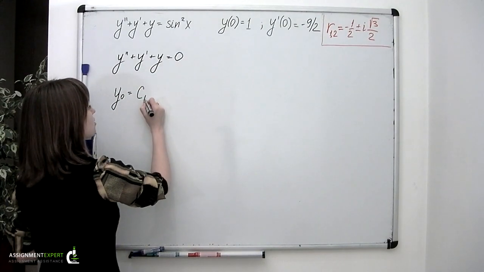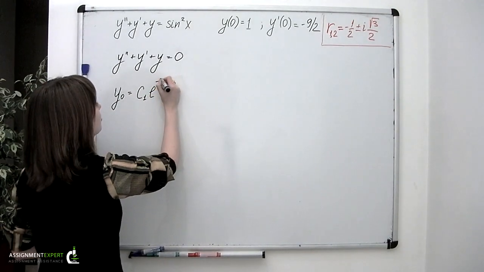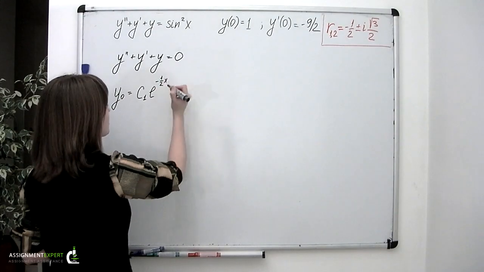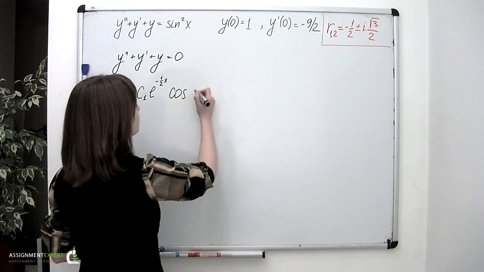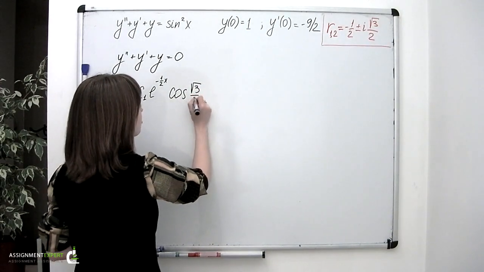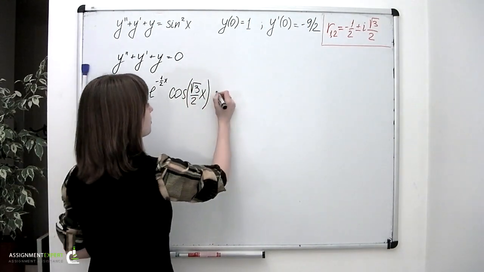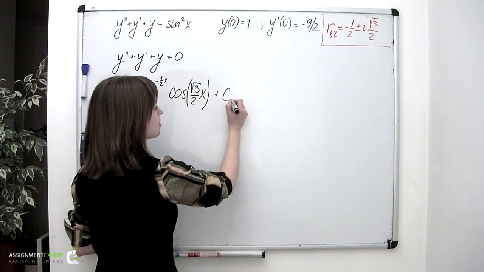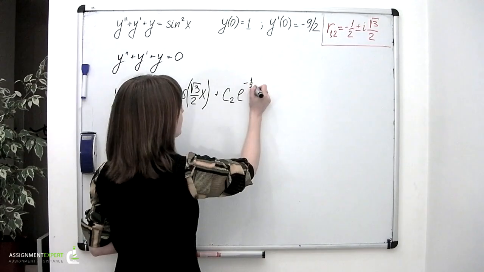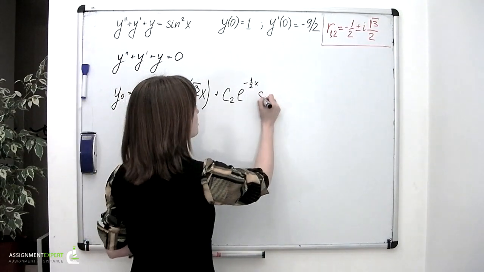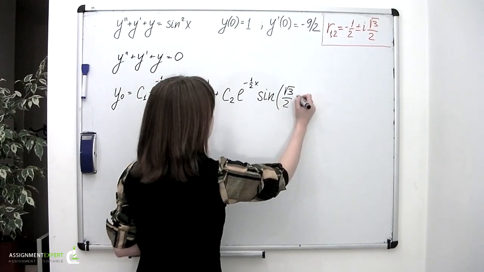Constant, let's name it C1, times e to the power of -1/2 times x, times the cosine of square root of 3 over 2 times x, plus another constant, let's name it C2, times e to the power of -1/2 times x, times sine of square root of 3 over 2 times x.